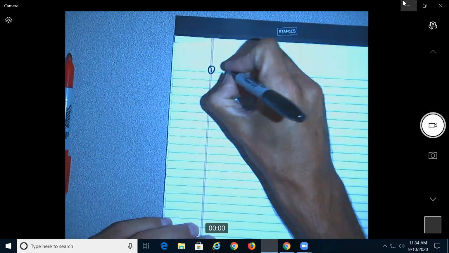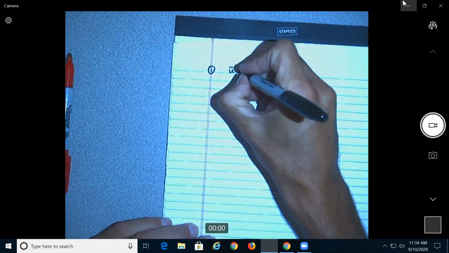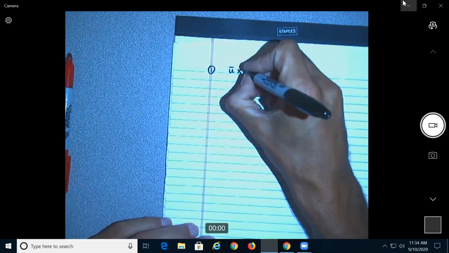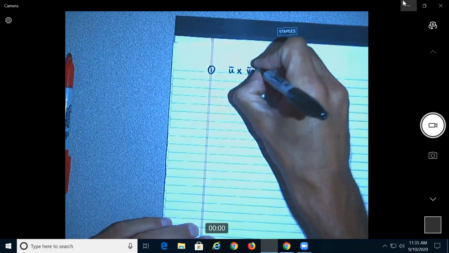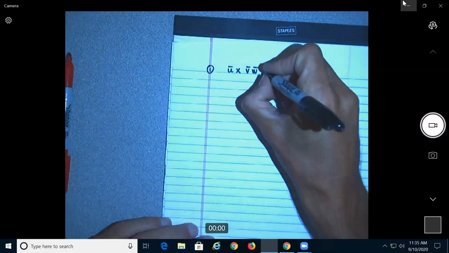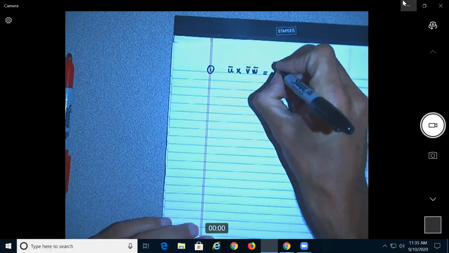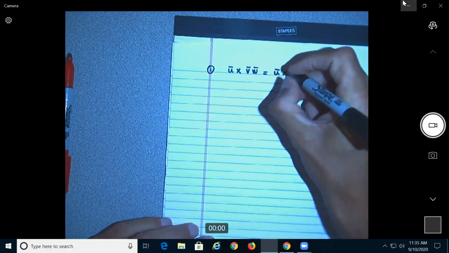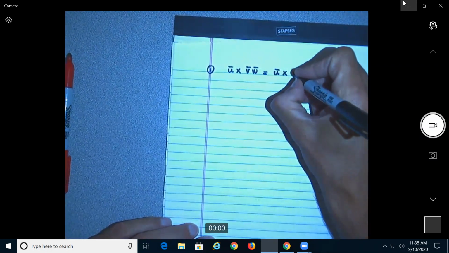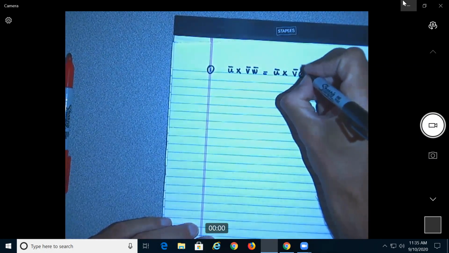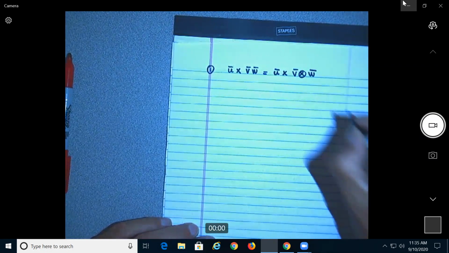Let's look at what would be the cross of VW. We know we can write this as U cross V cross W.